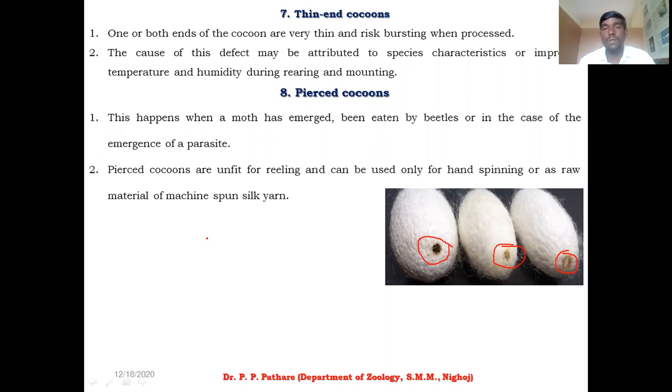And finally, if you sell good quality in the sense of their color, their shape, their weight, you finally get a good price in market, and finally your income also increases from the sericulture activity.